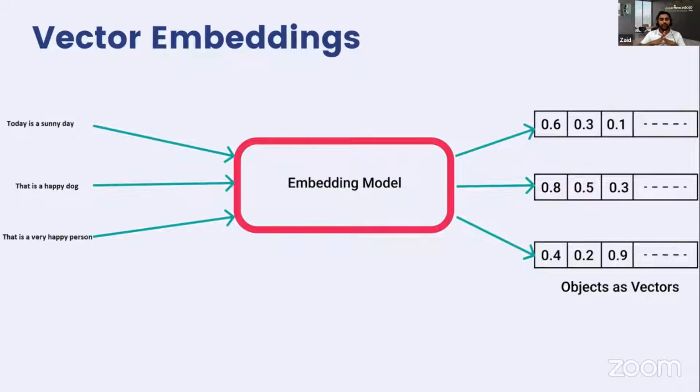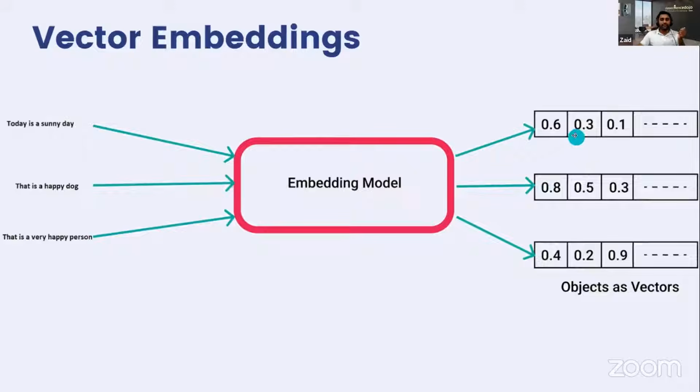Now the question arises, what are vector embeddings? Let's suppose you have three sentences: Today is a sunny day. This is a happy dog. That is a very happy person. What embedding models do is convert this corpus of sentences, this corpus of data, into vector representation.